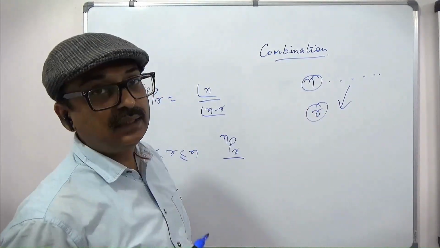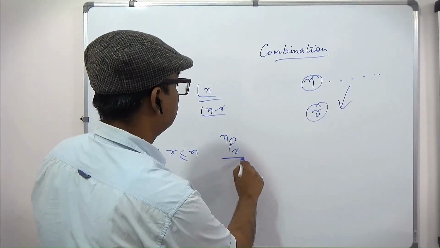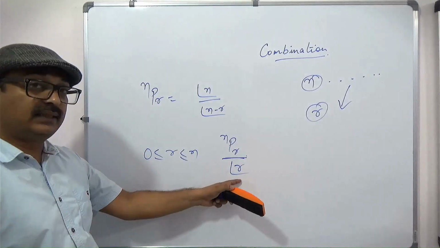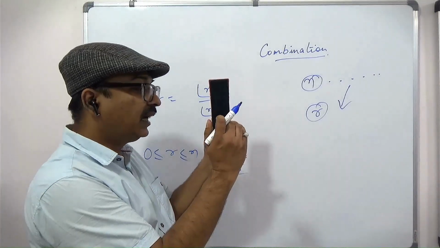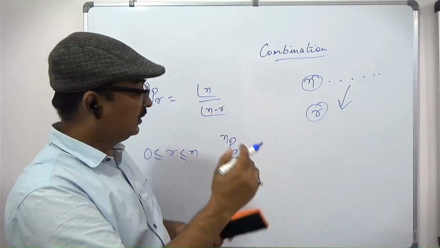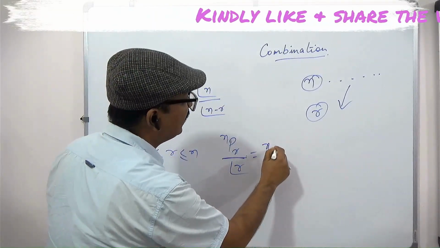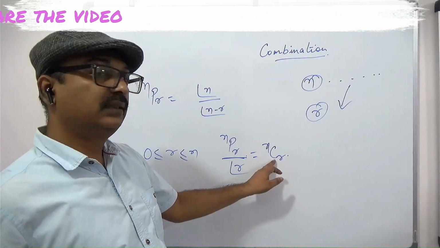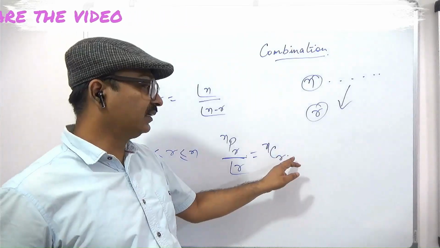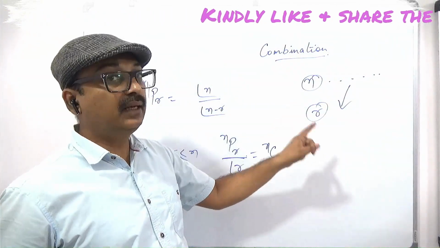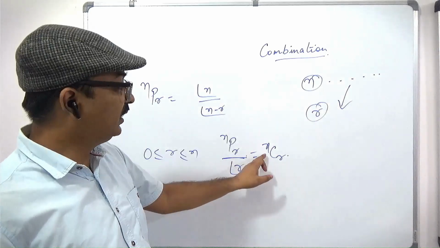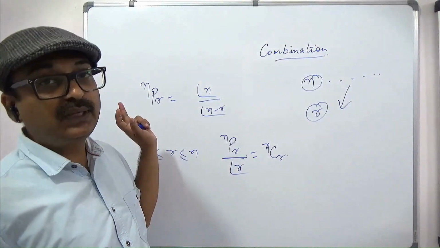We will select any r number of balls. So this is in definite order, and if we divide it by factorial r, that is the number of ways these r number of balls can be arranged in order, then we have this term nCr, that is combination. Combination is an arrangement of taking r number of objects from n number of objects when order is not important. So we will have nCr equal to nPr by factorial r.